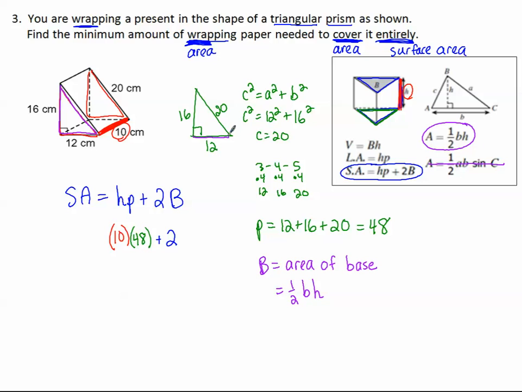The length of the base is 12, the height is 16. So 1/2 times 12 times 16 is 96. So in for the area of the base, 96, which makes 672. Now this is area, and I'm using centimeters, so centimeters squared.